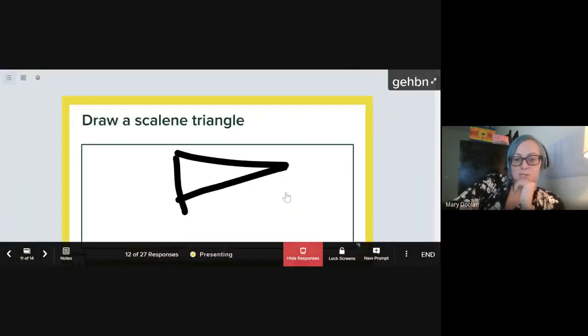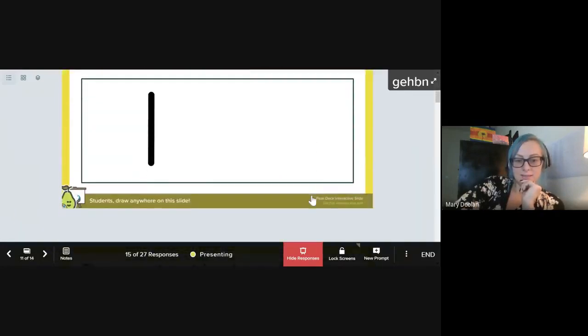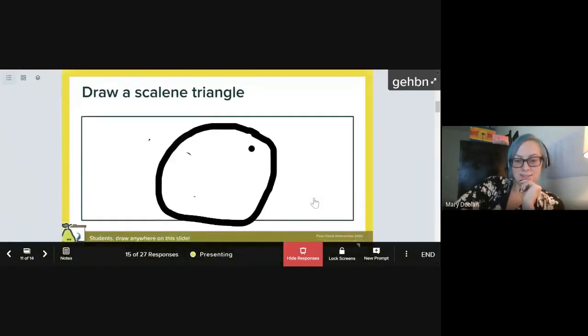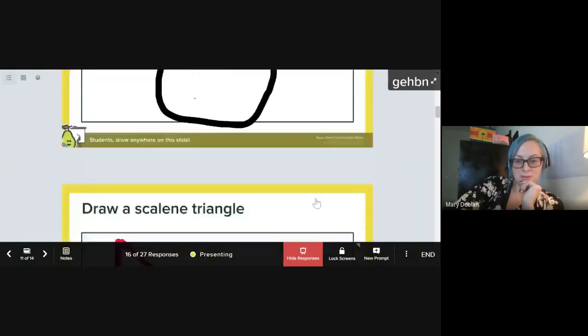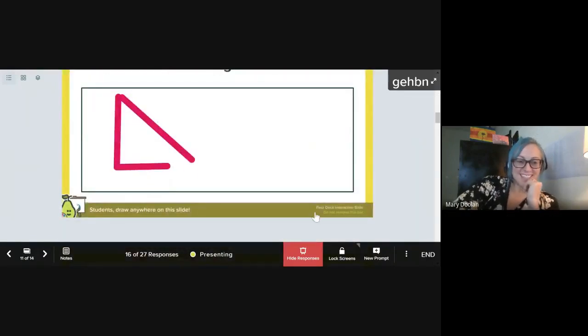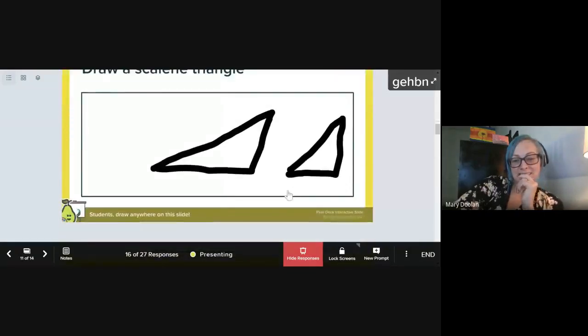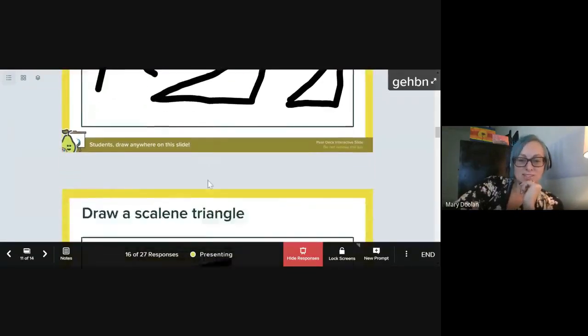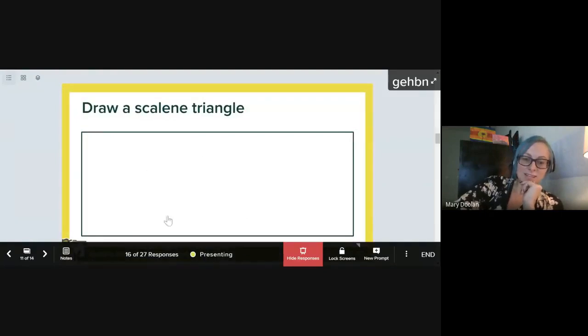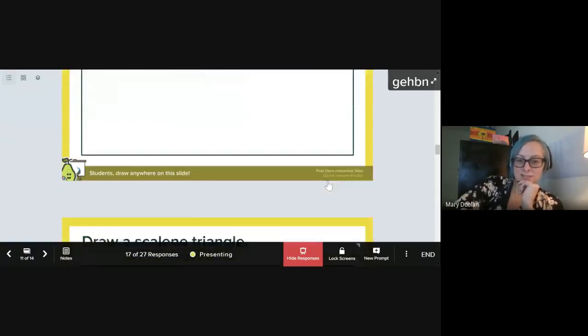I'm going to show some responses. 3 different side lengths, yep, that's scalene. They're working on it. Oh, whoa, that was a circle. 3 different side lengths, yeah, we're getting there. It's not connected yet. These are scalene, 3 different side lengths. Oh, that's a very nice and pretty one.